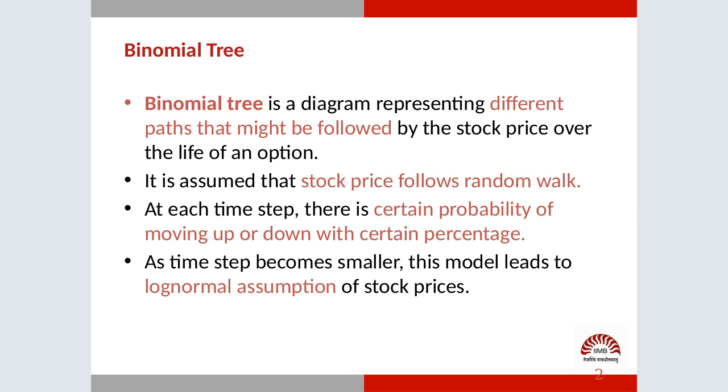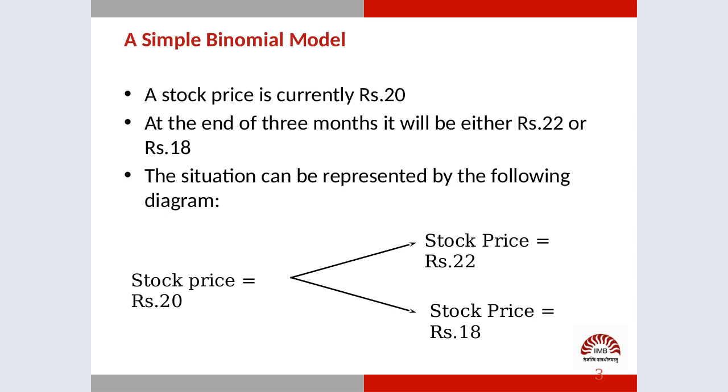The log normal distribution is a continuous distribution. So if you reduce the interval, essentially observing it at shorter intervals, your discrete time distribution will also represent a continuous time distribution.